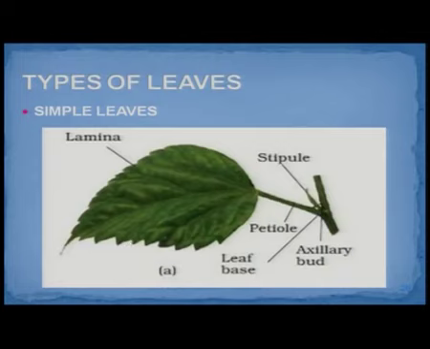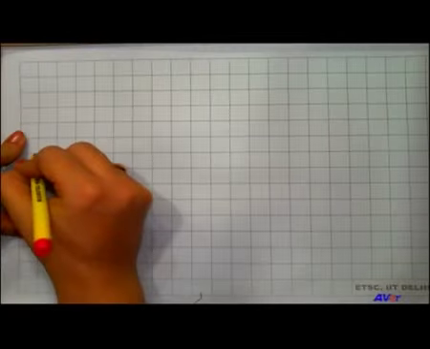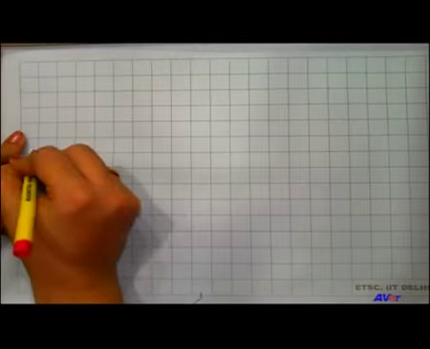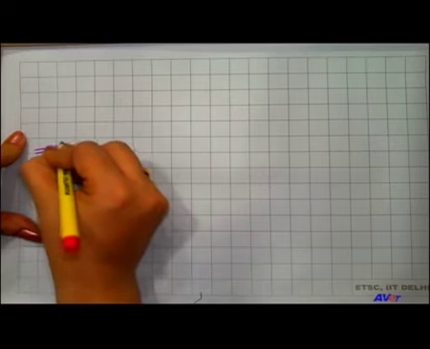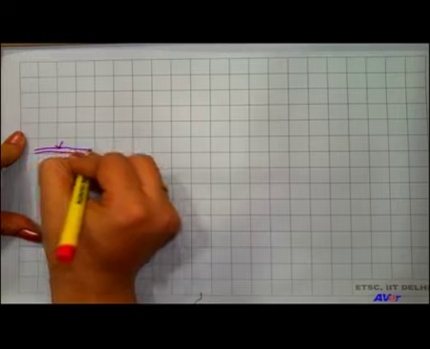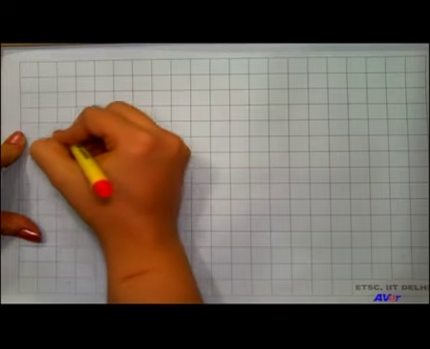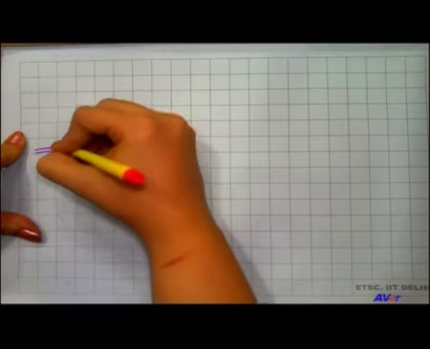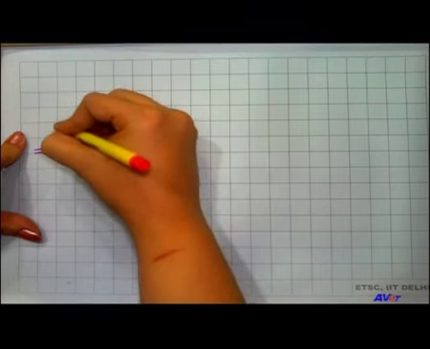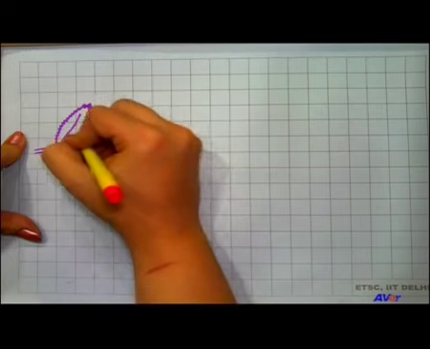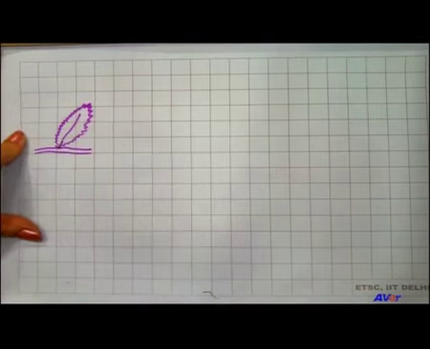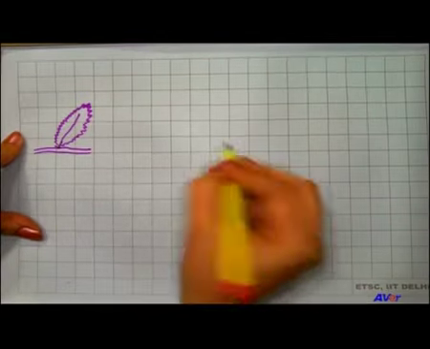Let us draw a picture of such a simple leaf. Suppose this is the stem, this is the axillary bud and the petiole, and here the midvein, the midrib, and this is a leaf with serrated or toothed margin.